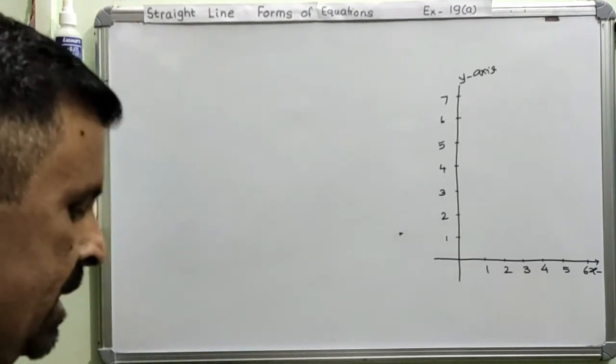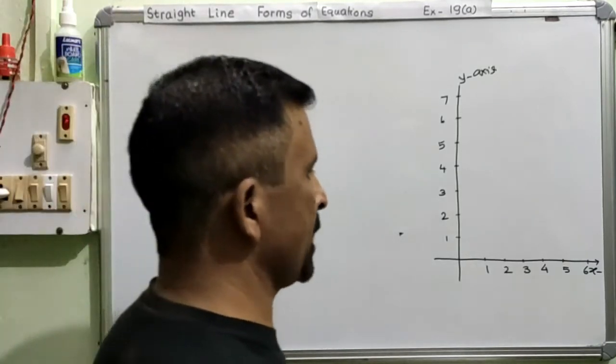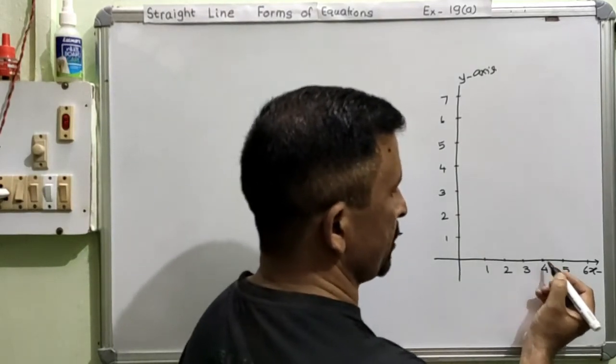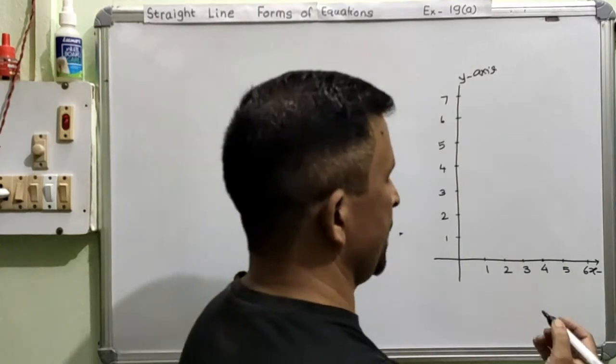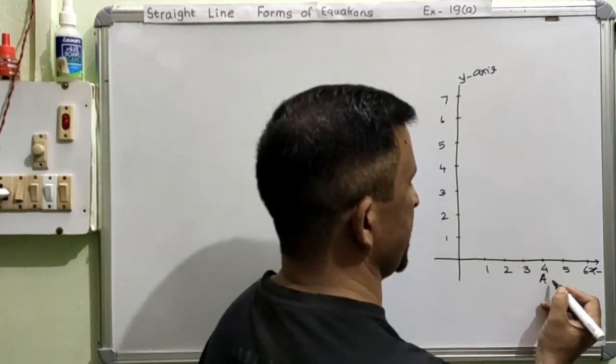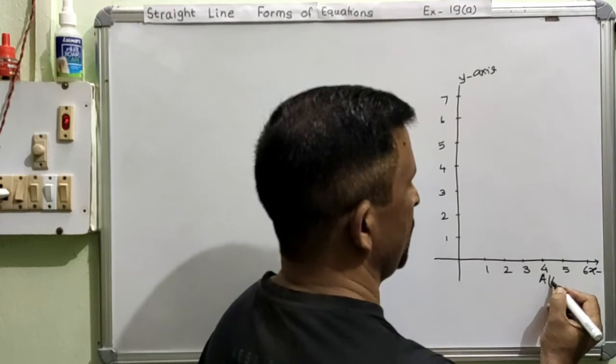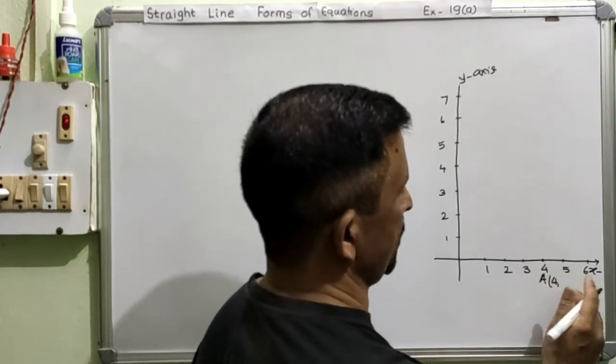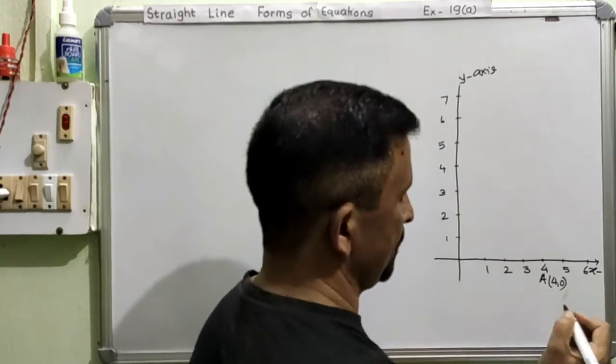So here we have 3 points, right? A is the first point, whose coordinate is 4, 0. This is point A, and the coordinate of this point is 4, 0, according to your question. Clear?